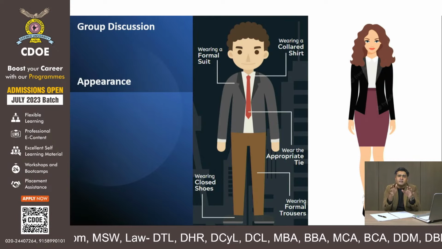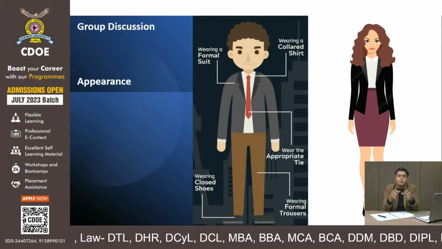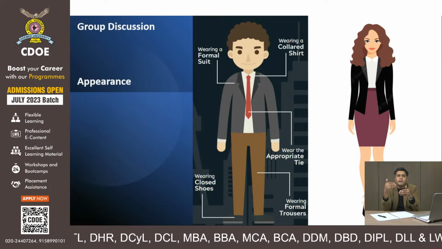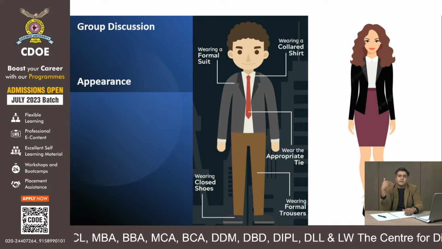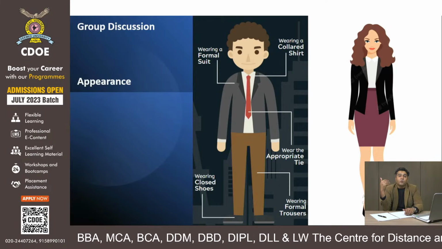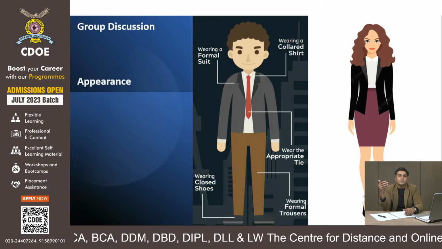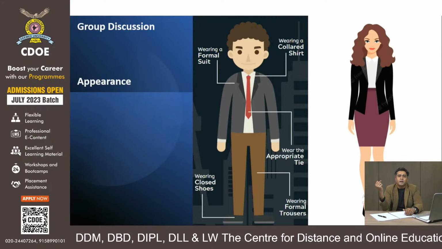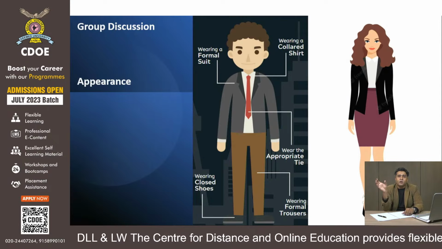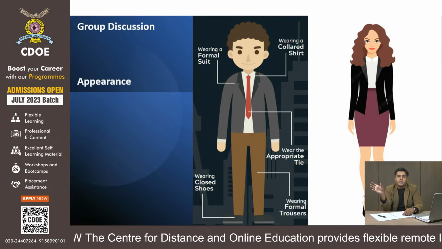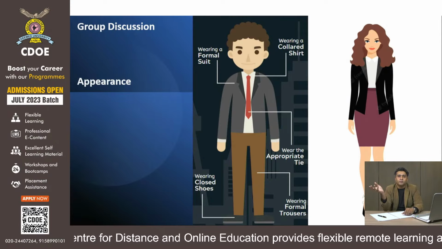Appearance is not only meant by how you're dressing. You need to be aptly dressed, not overdressed or underdressed. For example, you're required to wear business casuals and you go in a full coat scenario. You're going to stand out over there. Now remember, in a group discussion, standing out is not important. Standing out correctly is very important.